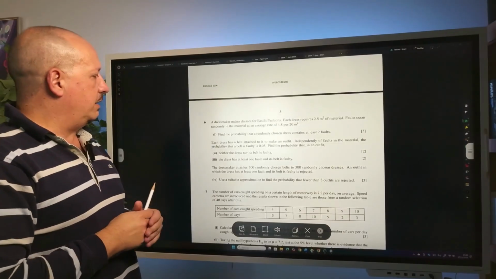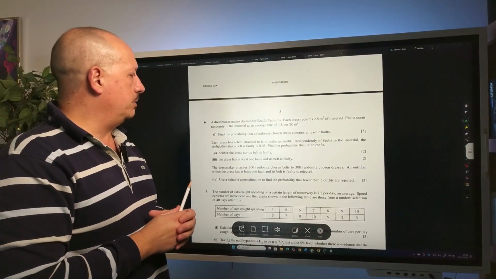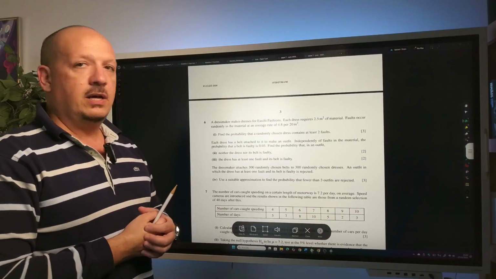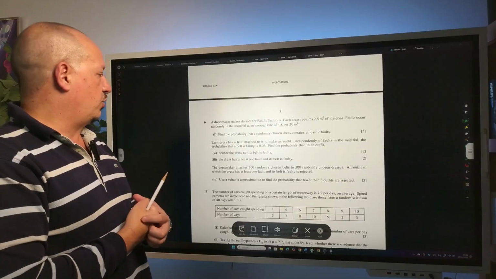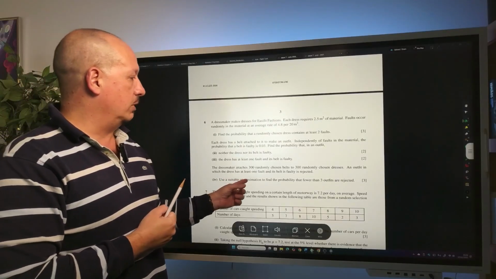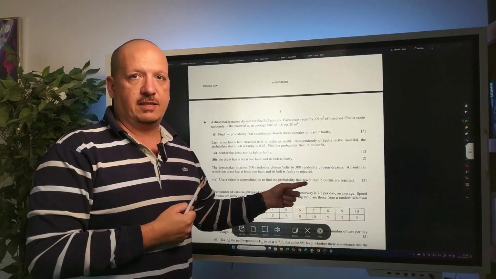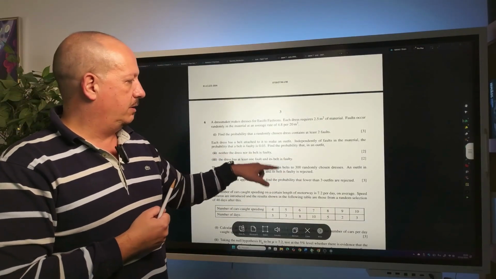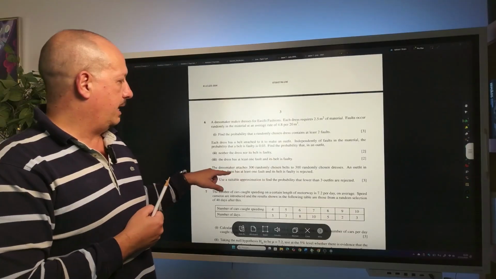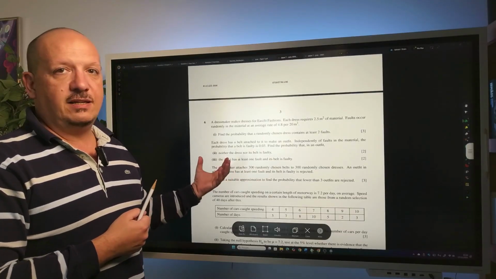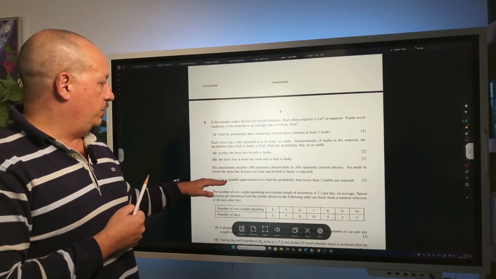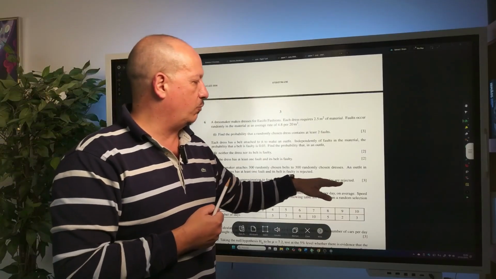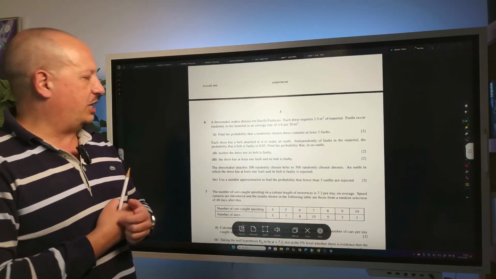The dressmaker attaches 300 randomly chosen belts to 300 randomly chosen dresses. An outfit in which the dress has at least one fault and its belt is faulty is rejected. Okay, so these are the conditions that you just calculated before. Faulty belt and at least one fault in the dress. Now, use a suitable approximation to find the probability that fewer than 3 outfits are rejected.